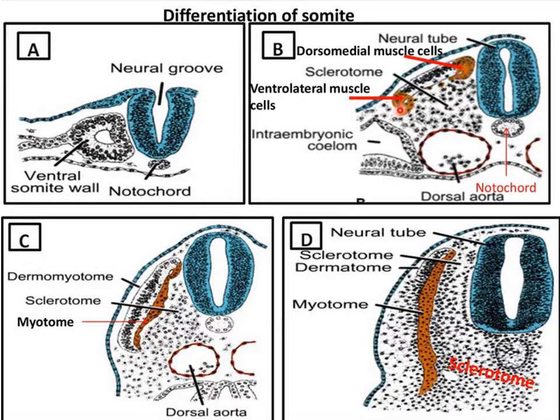The dorsomedial and ventrolateral cells join to form the myotome, and we have the dermatome, more dorsally and superficial. In D, we have here the sclerotome, and here the myotome, and more dorsally and laterally is the dermatome. Here we have a completely formed neural tube, and here is the notochord.